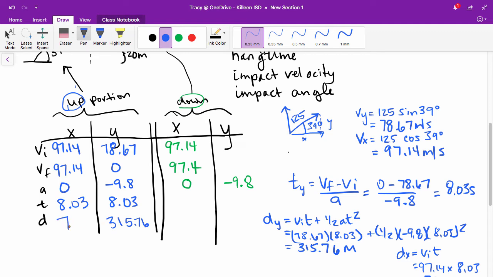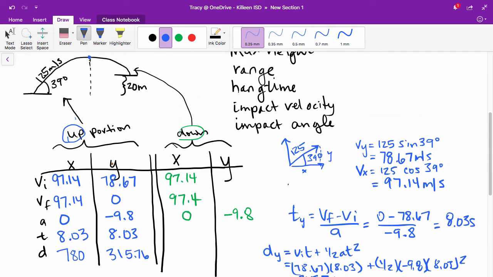I'm just going to write 780 over here. Okay, so we have all of our information that we need for the up portion.